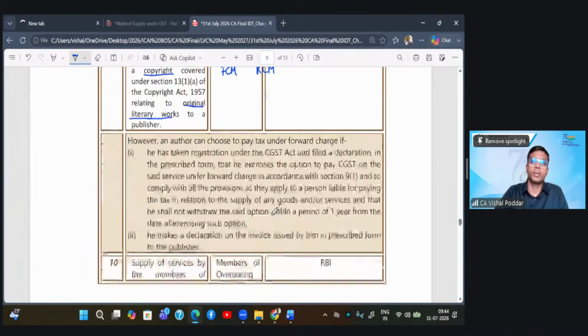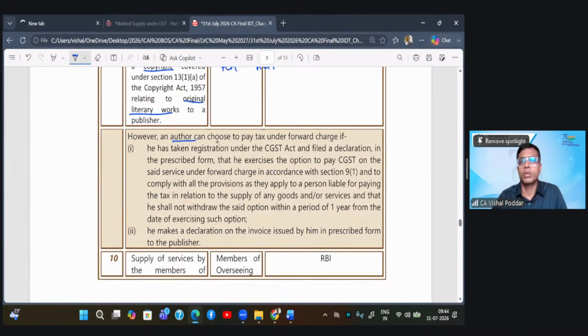As you can see below, it says that the author can choose to pay tax under forward charge. Now, how can this option be exercised? I'll obviously have to take registration. By taking registration, I will exercise the option to pay GST under the forward charge mechanism, and I will be complying with all the provisions of the Act.